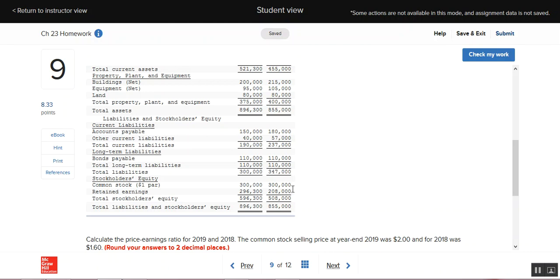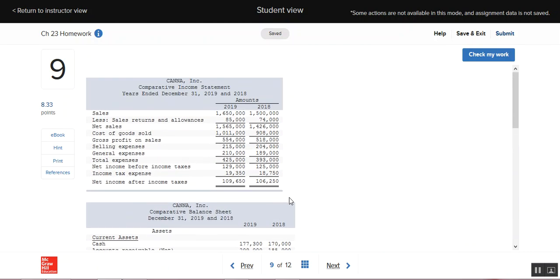So if you remember back in the previous chapter when we posted sales of common stock, we always post to the common stock account name the par value of the stock. So if there's $300,000 worth of common stock outstanding and each of those is $1 par, then 300,000 divided by $1 par gives us the number of shares, which is 300,000 shares.